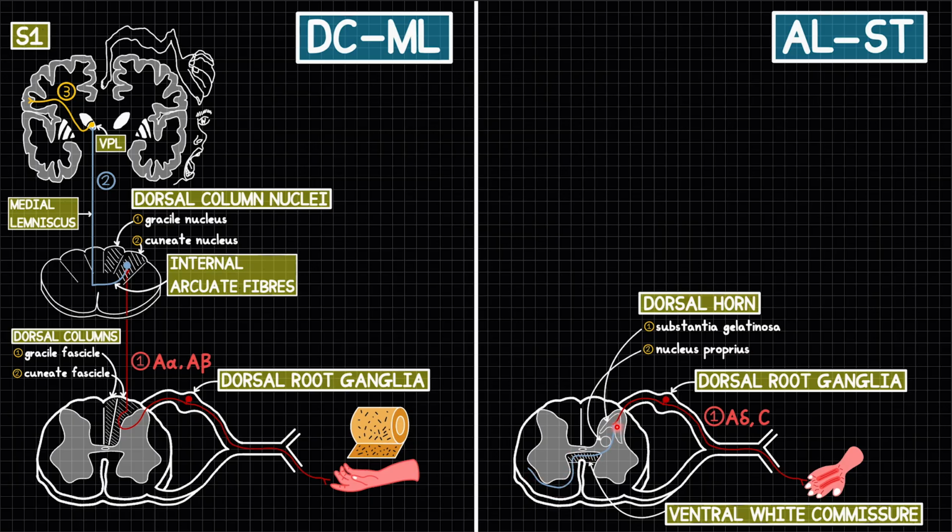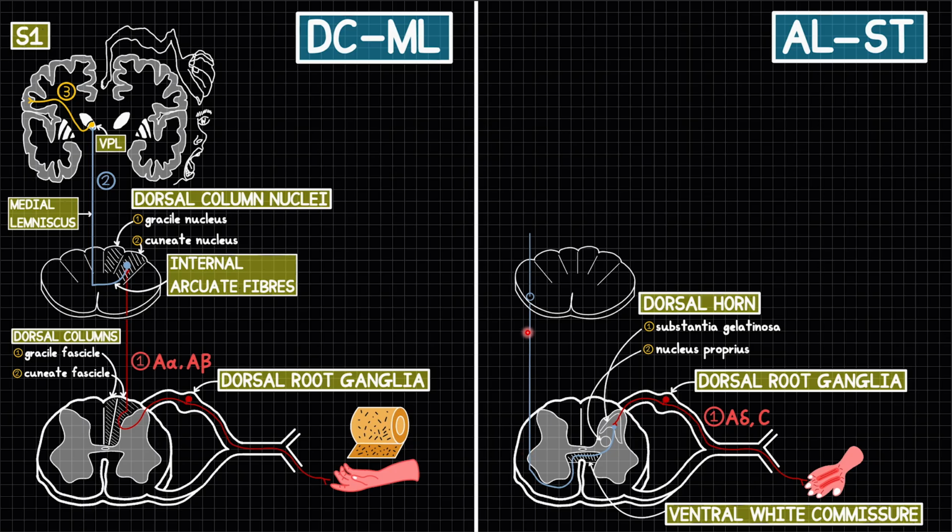The second order neuron will then decussate in the spinal cord. It will cross over the side of the midline via this white matter tract here, called the ventral white commissure. It will continue past this ventral white commissure and cross all the way over to this anterolateral part of the spinal cord, and then it's going to start ascending.